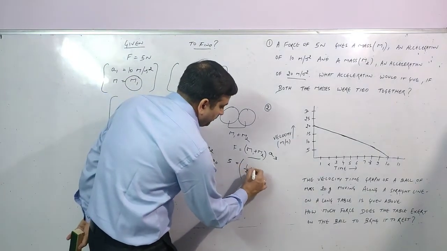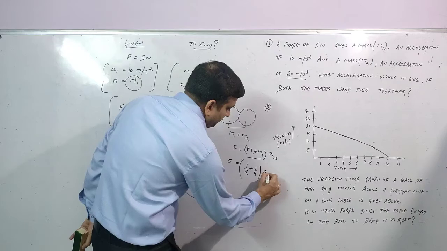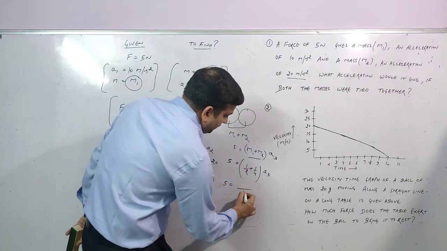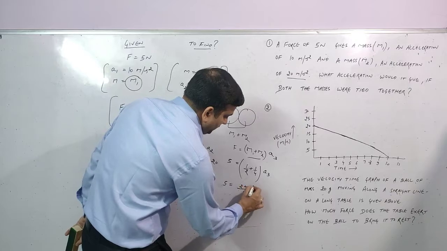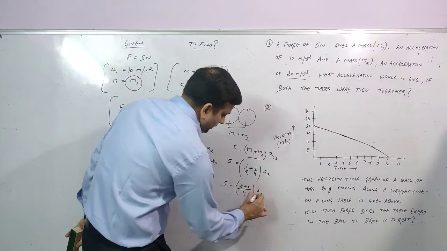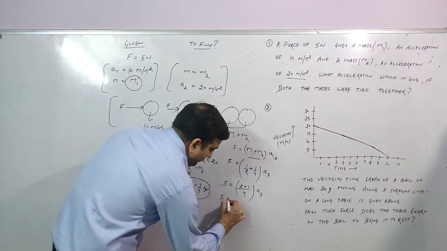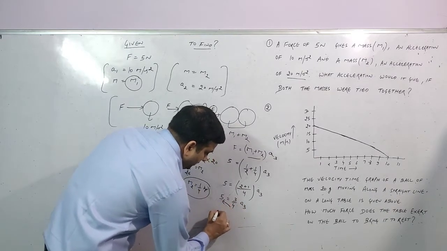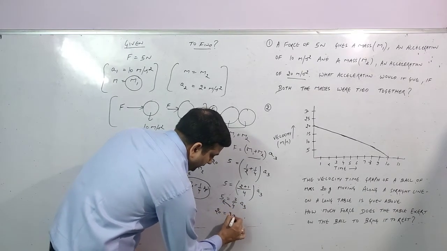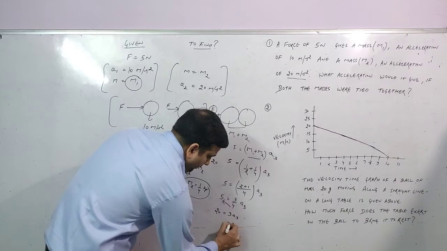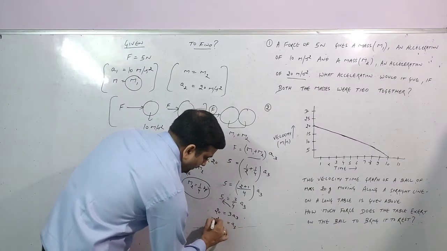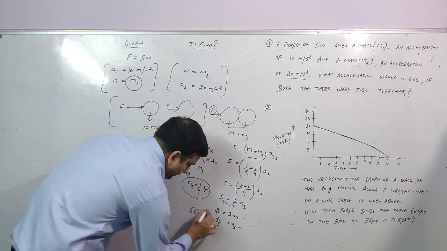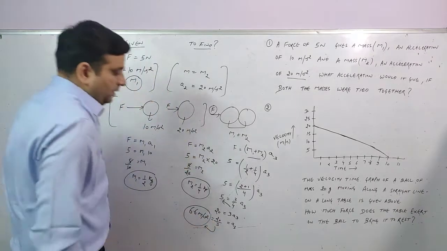So 1 by 2 plus 1 by 4, into a3. 5 is equal to, you can solve this, (2 plus 1) by 4, into a3. So 5 is equal to 3 by 4 a3. By rearranging, 20 is equal to 3 a3, so a3 will be equal to 20 by 3. When you solve this, it will be 6.6 meter per second square.